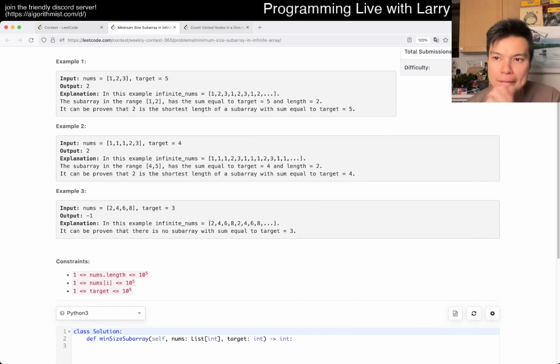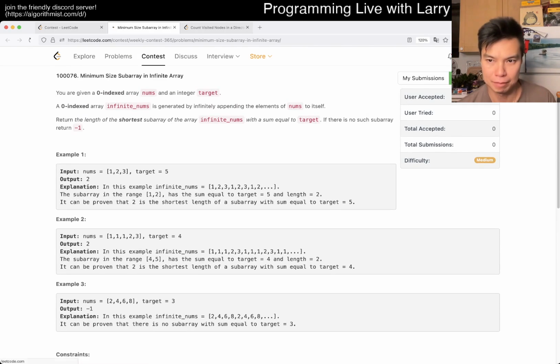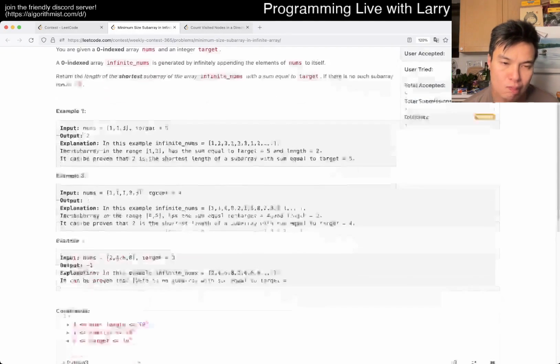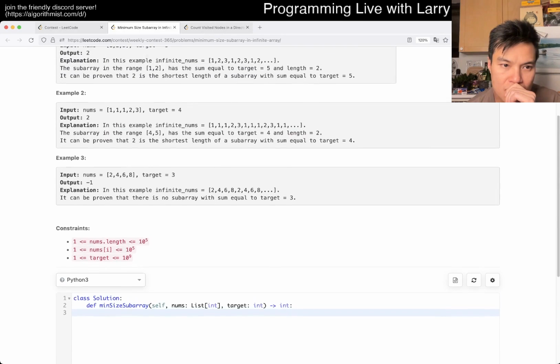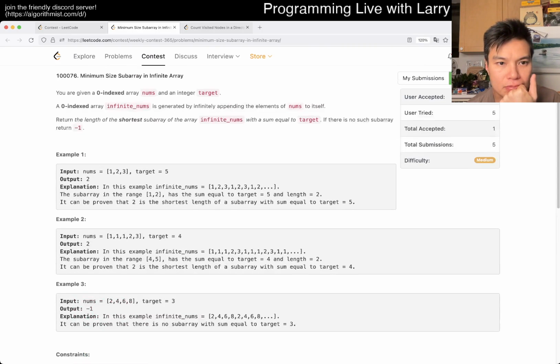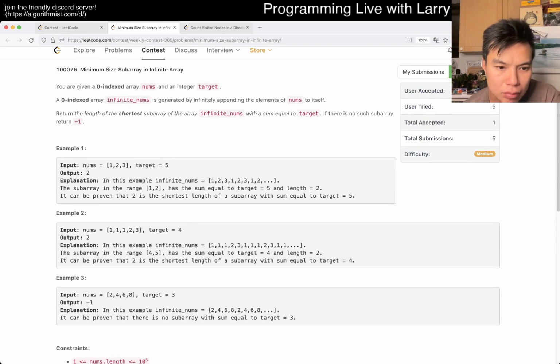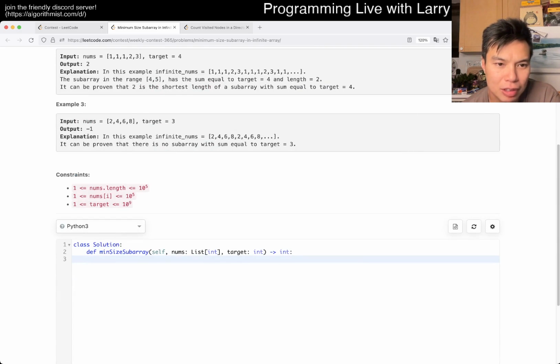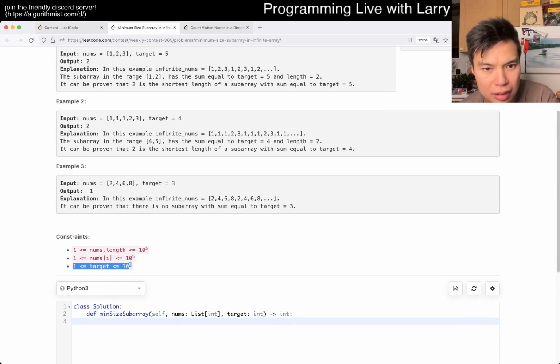Target. Okay, so there can be all ones, and then you have a target of 10 to the 9, so the number can be 10 to the 9.